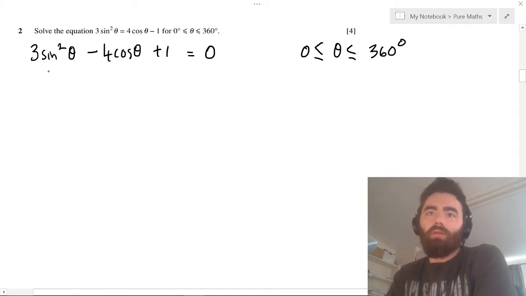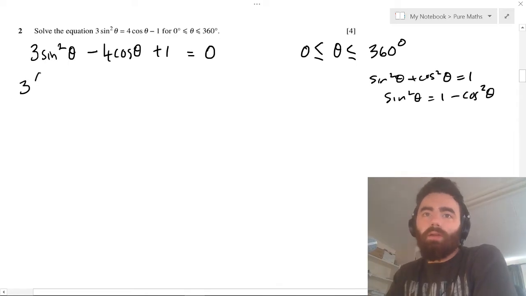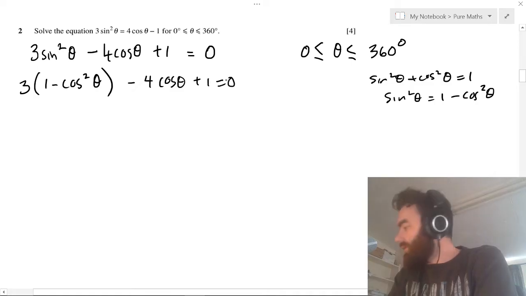So I'm thinking, well, I know that sine squared theta plus cos squared theta equals 1. So then we can write sine squared theta as 1 minus cos squared theta. So this becomes 3 times (1 minus cos squared theta) minus 4 cos theta plus 1 equals 0.